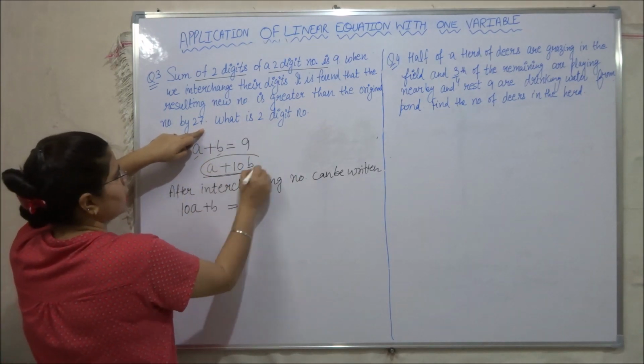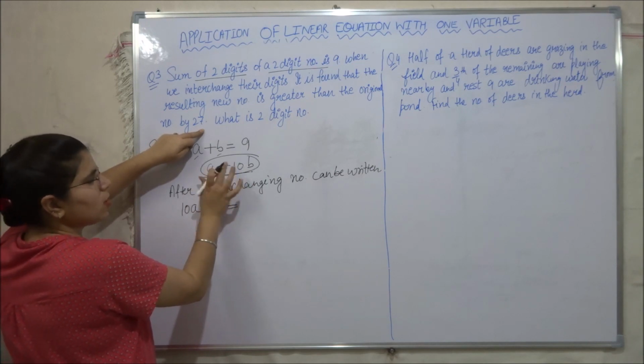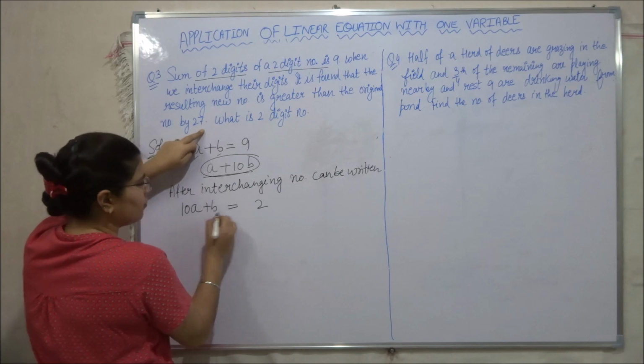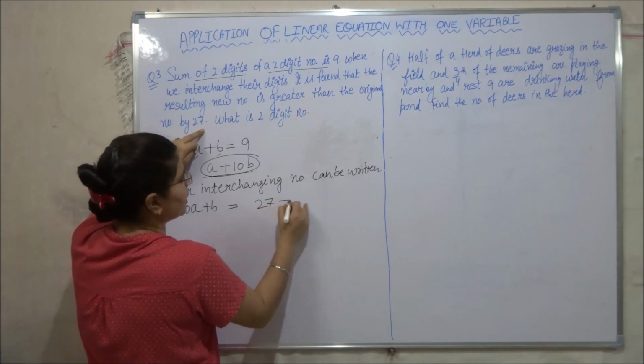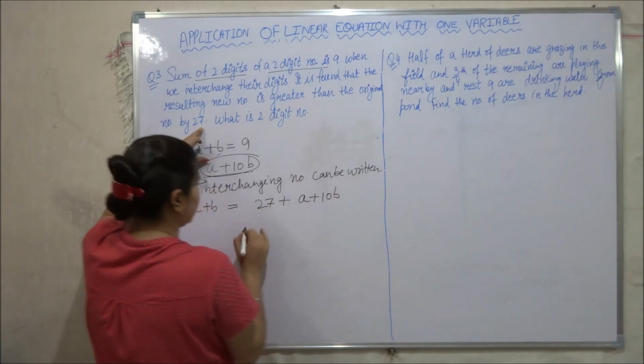So here this is our original number. So after interchanging the placement of the digits, we get the new number which is 27 greater than the original number. So that will be a plus 10b.